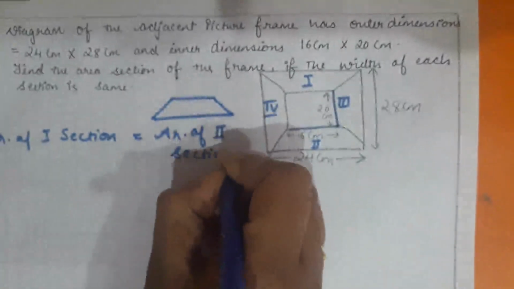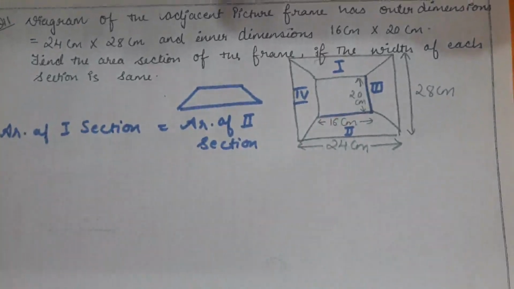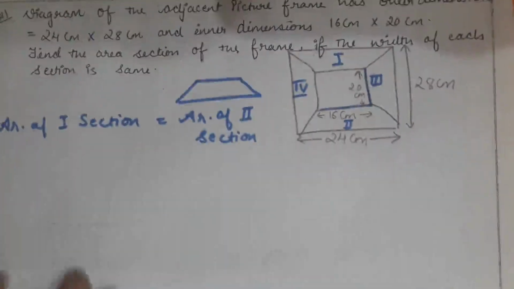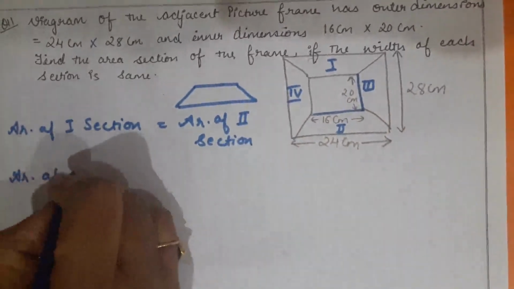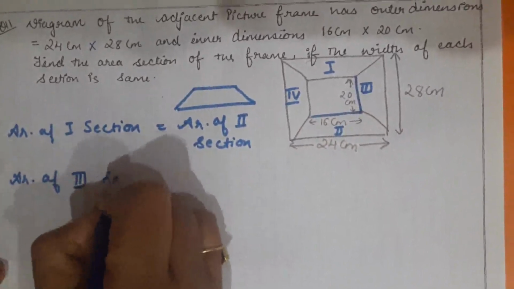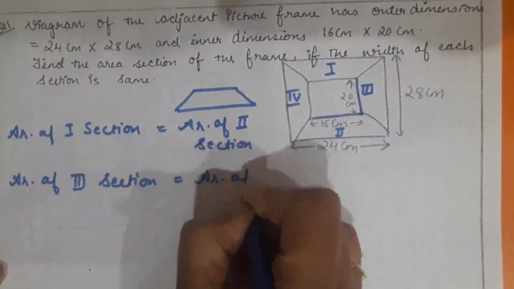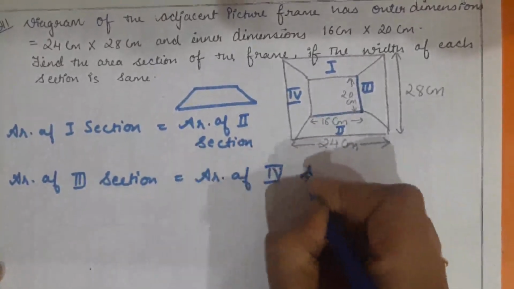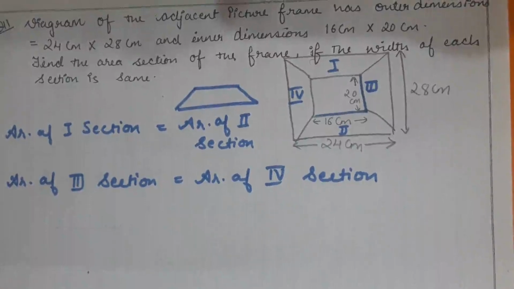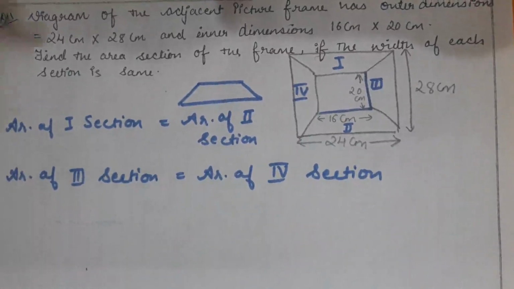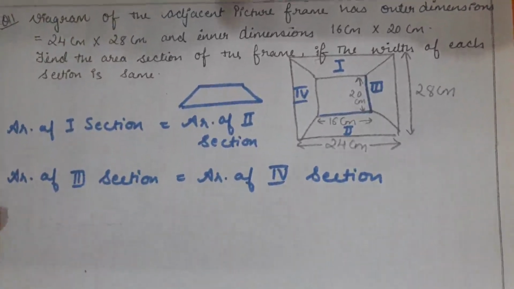We can conclude this because the question is saying that the width is similar. In the same manner, this and this section will be the same. The area of third section will be equal to the area of fourth section. So if we are able to find one of each, both sections will be there with us. So let's find out.